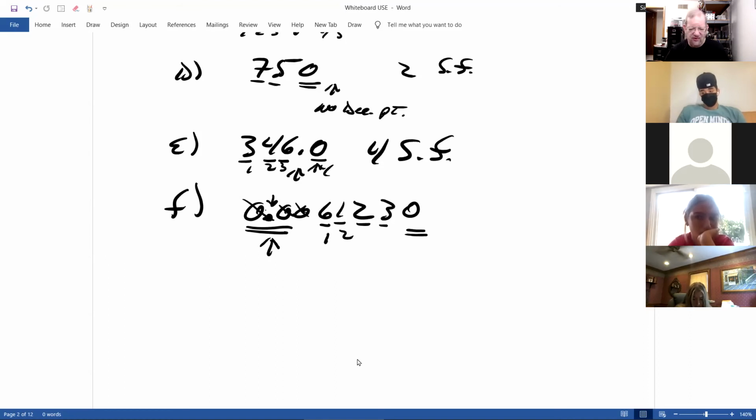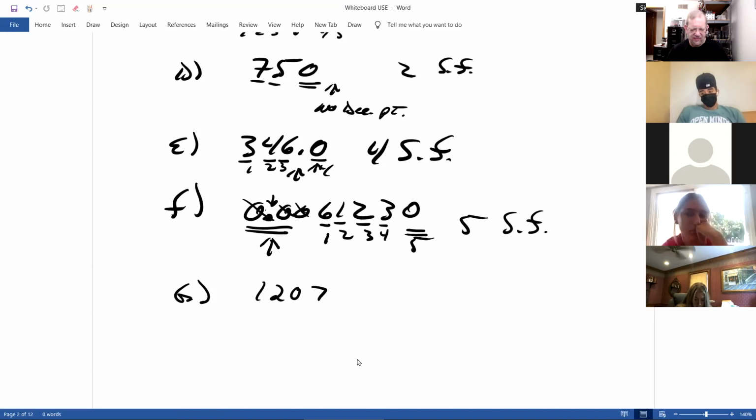This has 1, 2, 3, 4, 5 significant figures. Oh, let's do one more. These are fun. And here's one for you. And yes, there is a decimal point explicitly shown.